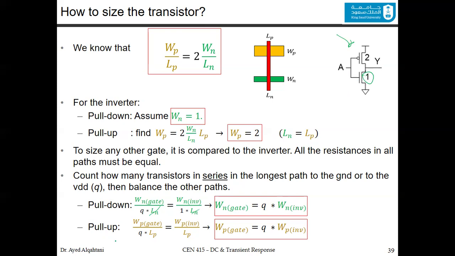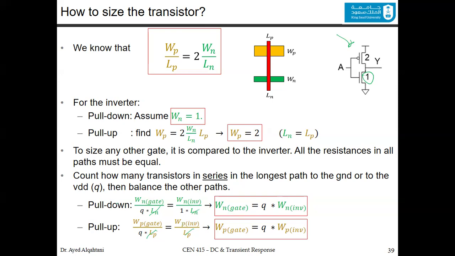Now, for the pull up, what are you going to do? Similar thing. We compare this to the inverter. So in the inverter, we have the Wp and the Lp. Now it's multiplied by Q based on how many in series you have in the pull up network. You cancel these, and you end up with the same equation, whether you have Wn or Wp.